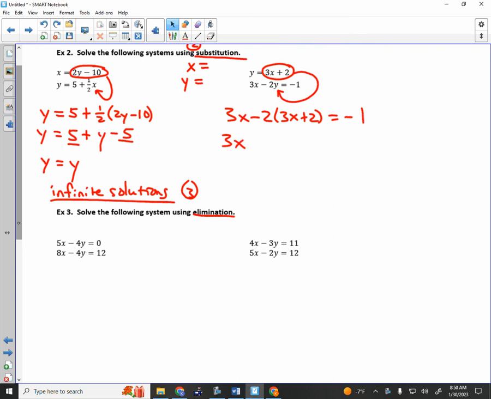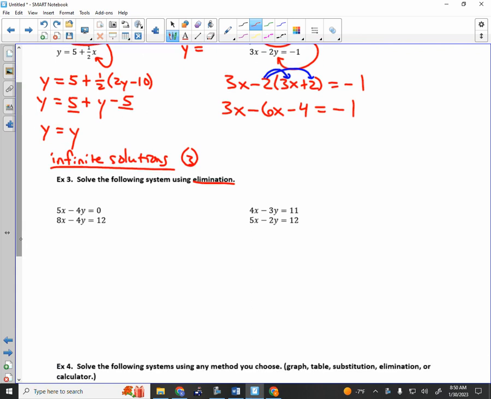3x, I take that -2 and I multiply it through. I get a -6x. I have a -4. That's equal to -1. What can I combine on the left side?